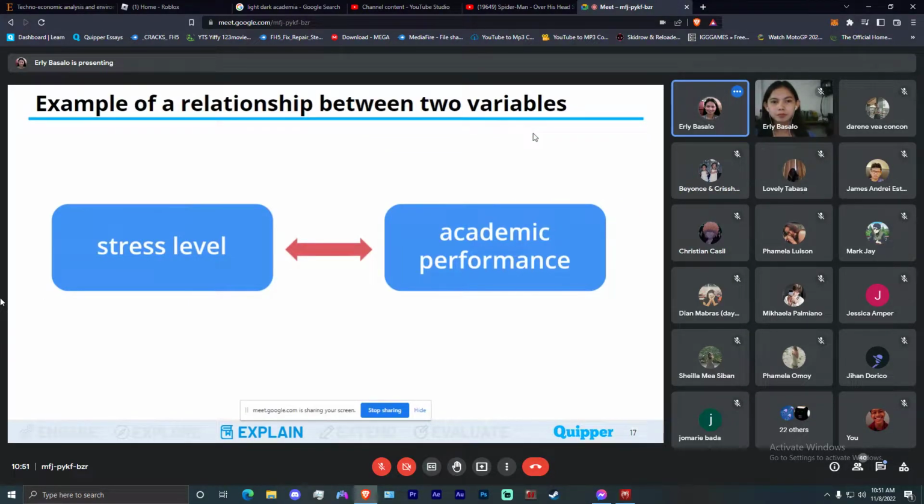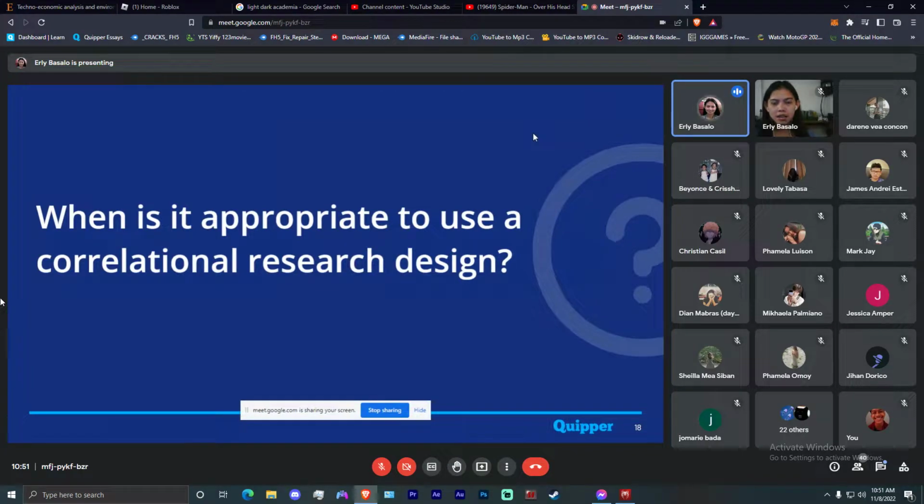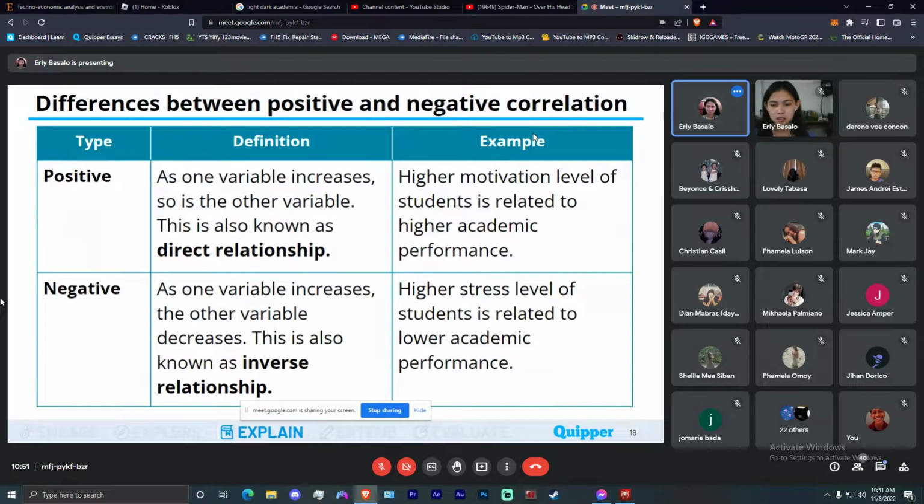Next, okay, let's have this example for correlational design. The two variables are stress level and academic performance. So how the two affect each other. So ihatag lang niya how the two variables affect each other. Then when it is appropriate to use a correlational research design.